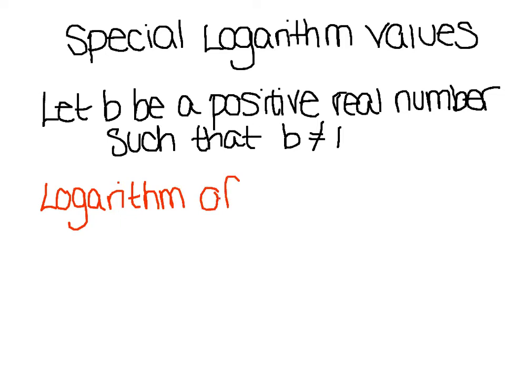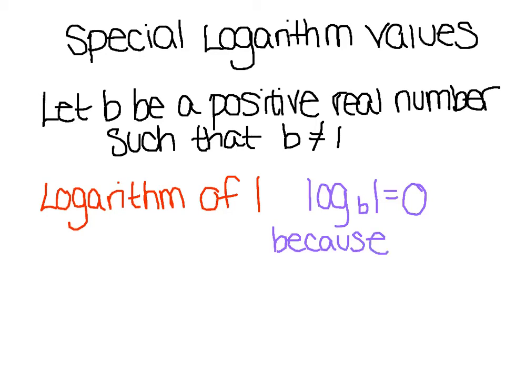That says that log base b of 1 is going to equal 0. And that's because if we put it in our special exponential form, our special conversion, b to the 0 equals 1. So know that if you are finding any base, no matter what it is, of 1, that's always going to equal 0. The other one we have is the logarithm of base b.